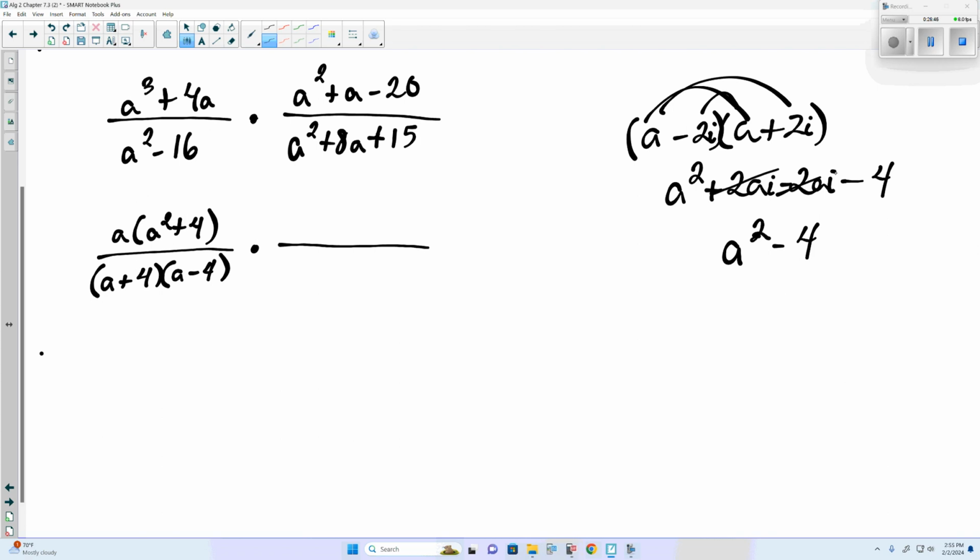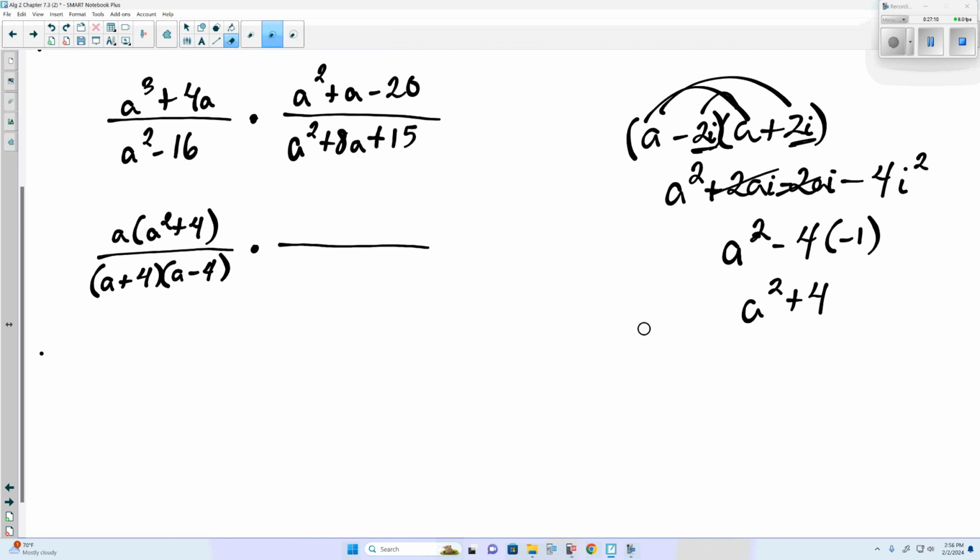Negative 2i times positive 2i would be negative 4i squared. But i squared is negative 1, giving us A squared plus 4. So the only way to have the sum of two squares is if one of our terms is i, imaginary.